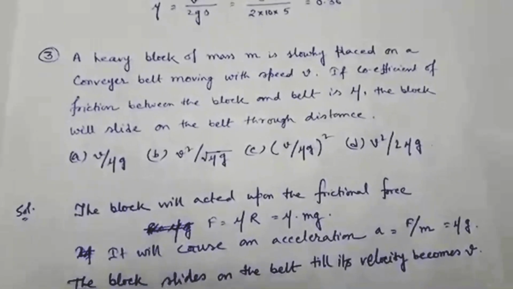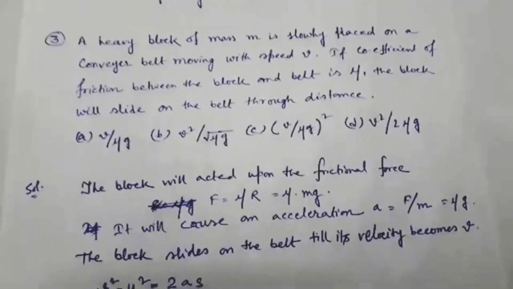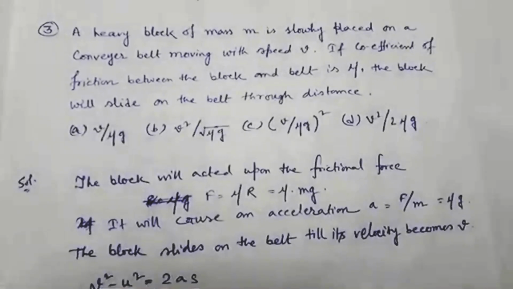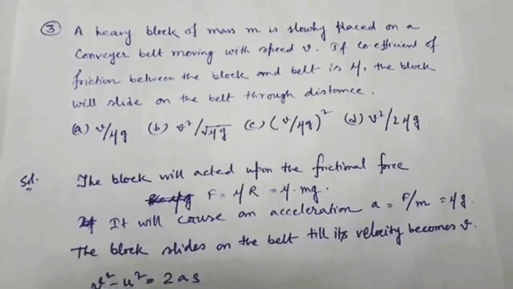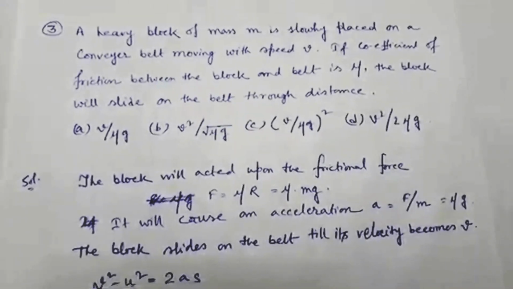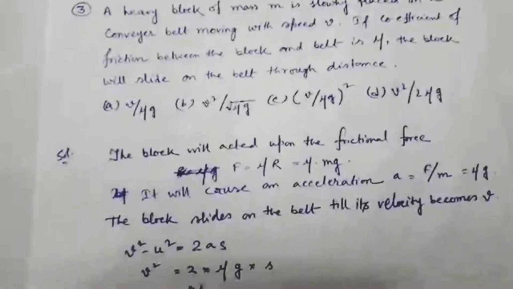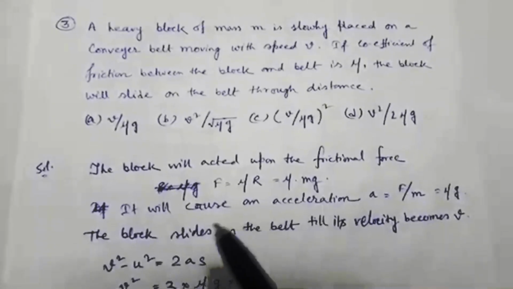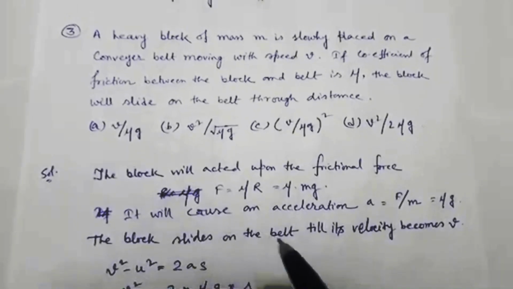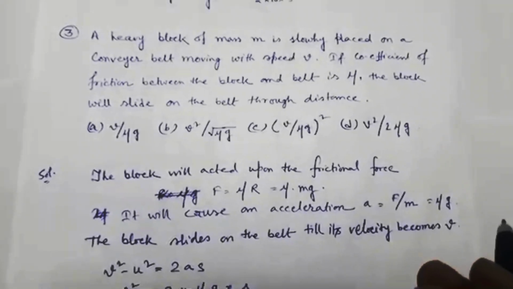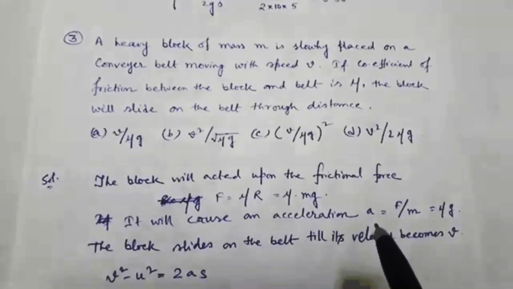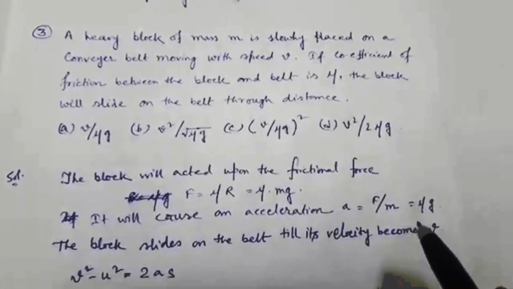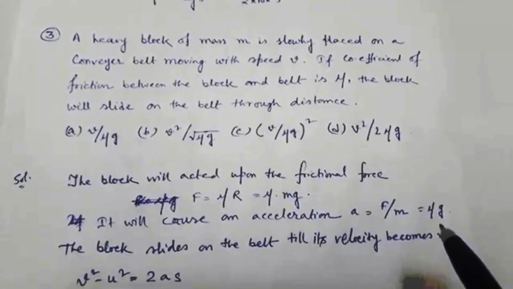So the block will be acted upon by the frictional force, that is F equal to mu into R, and in place of R I'm writing mg. So it will cause an acceleration, a equal to F by m, that is mu into g.